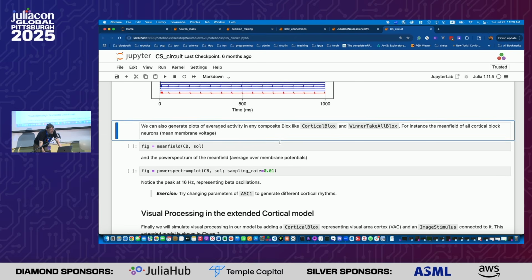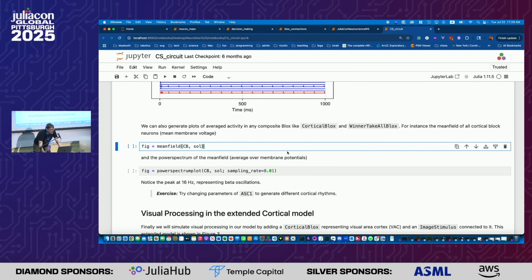Okay. And the other thing we introduced, which I haven't shown you yet, is that you can also create the mean field. Often when you have measurements, let's say from a cortical region, all you have is the local field potential. You have an electrode stuck in a brain region, and what typically happens is that this electrode will be the weighted average of the neurons around it.